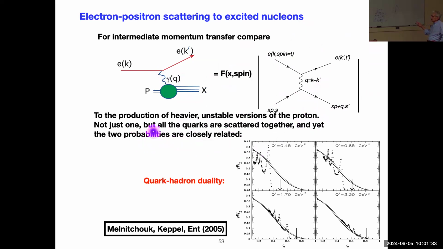So not just one quark in this case, but all the quarks are scattered together into some excited state. And yet the two probabilities, this one based upon only the scattering of a single quark, factorized cross-section, and this one, which is just a hadronic description or phenomenological description in terms of resonances, are closely related.